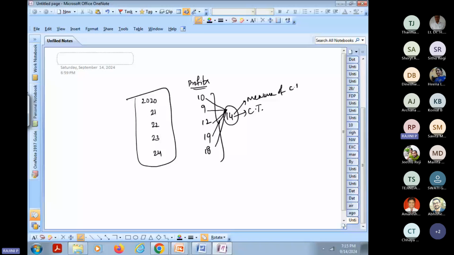So central tendency is how all the values are concentrating on a center value, and to measure that center value we use methods that are called measures of central tendency. Is it clear?